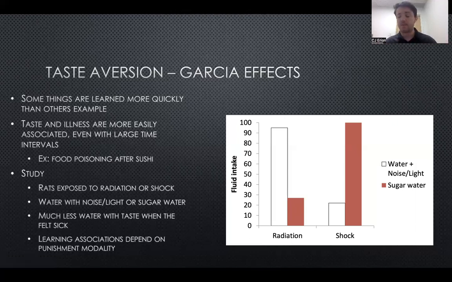So that's an example of taste aversion, right? Versus when the punishment was a shock, they stayed away, drank less of that water that was paired with either noise or light. And so the takeaway from this is that learned associations like taste aversion depend on the punishment modality. So you don't see equivalent associations for each punishment. Otherwise, this would all be the same.